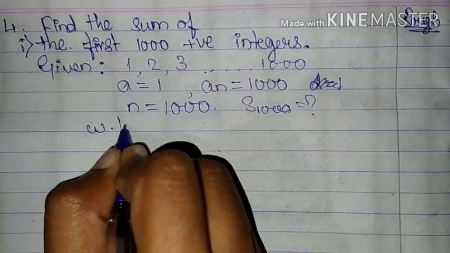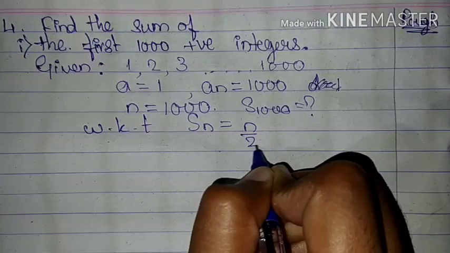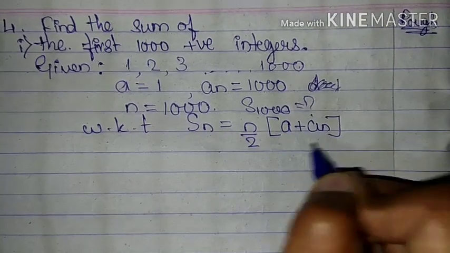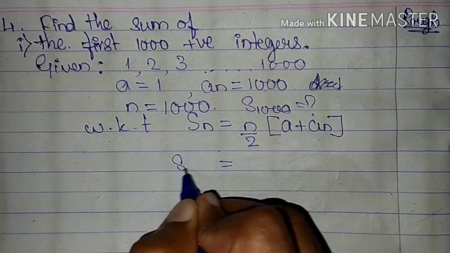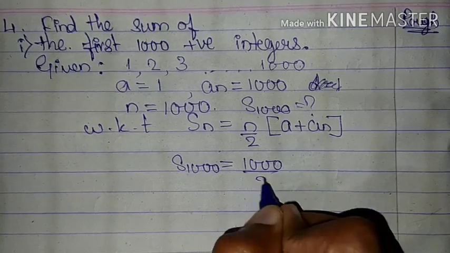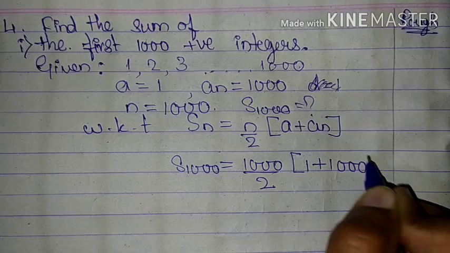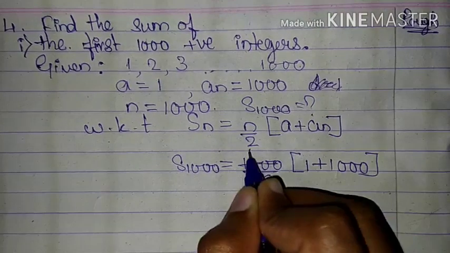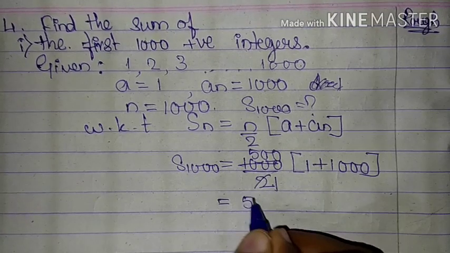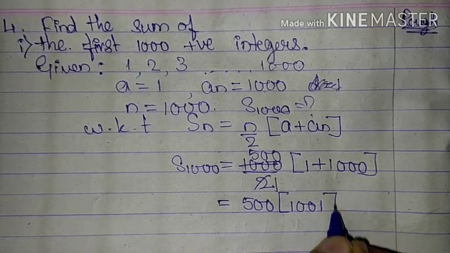We know that Sn is equal to n by 2 into A plus An, which is nothing but S1000 is equal to 1000 by 2 into 1 plus 1000. 2 into 5 is 10, so we get 500 into 1001.